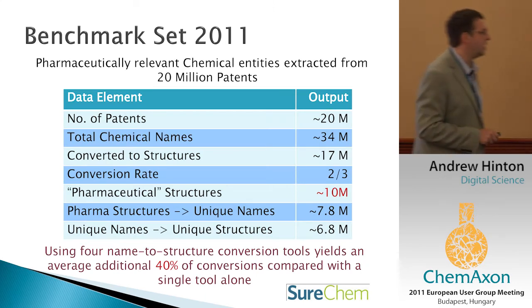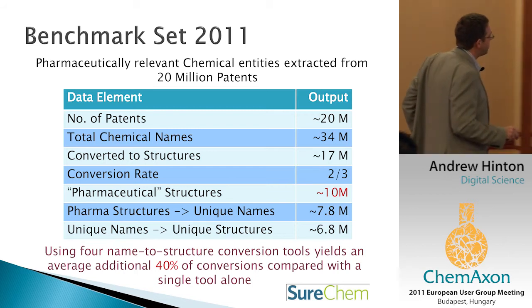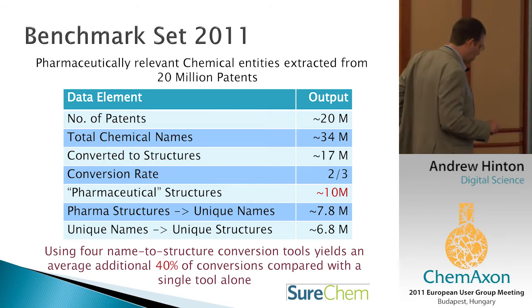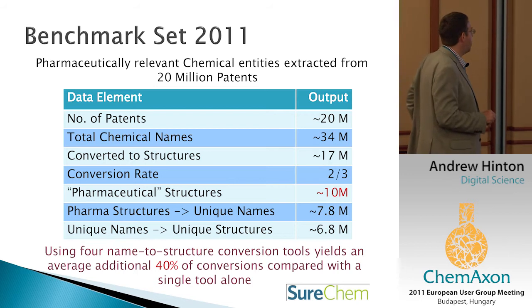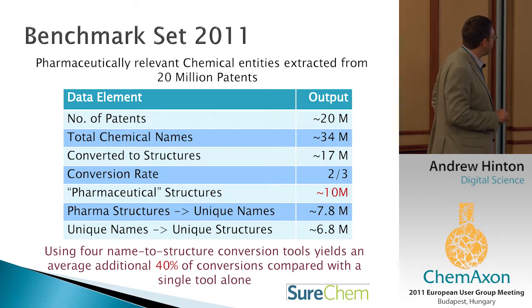So our benchmarking set was a little bit different. It was much larger. We decided that we would take pretty much all the patents that we had in our database, which represented about 20 million documents. This gave us, on first sight, about 34 million.